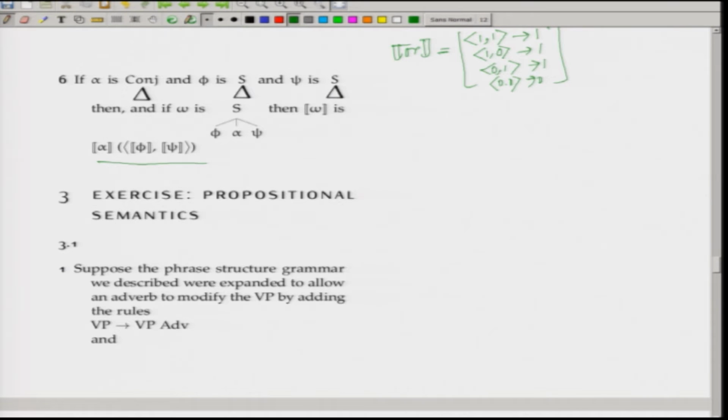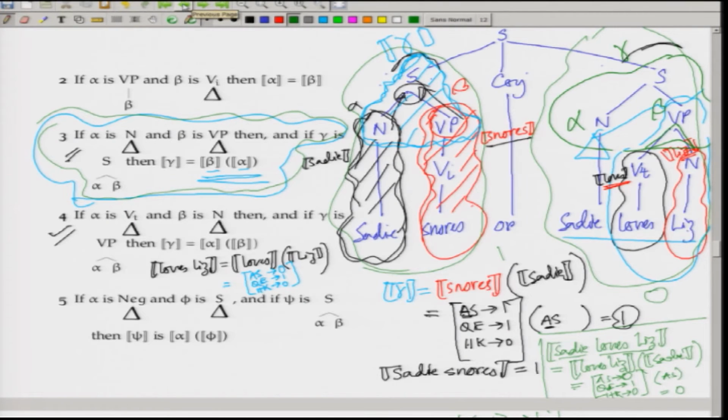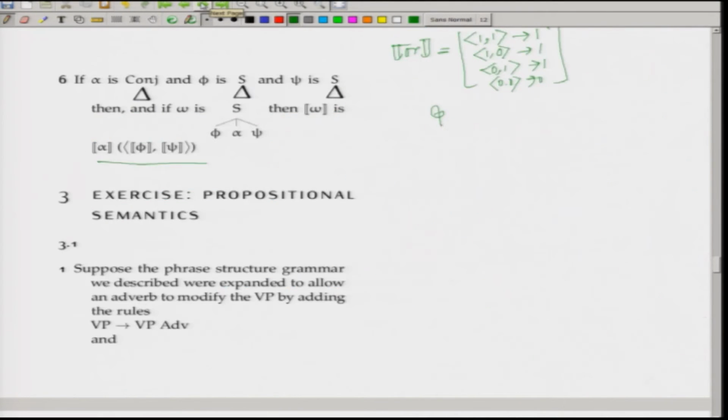OR is a conj, that is fine, and two sentences we have here. Our phi is Sadat knows, and our xi is Sadat loves Liz. So phi or xi is now actually the entire sentence, that is Sadat knows or Sadat loves Liz.